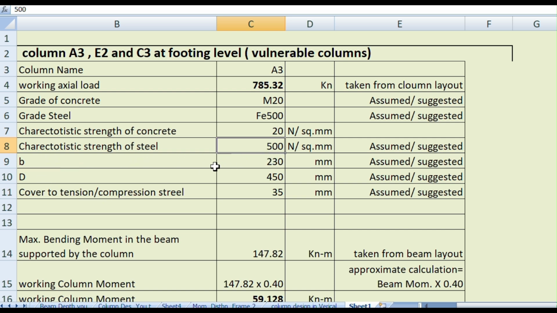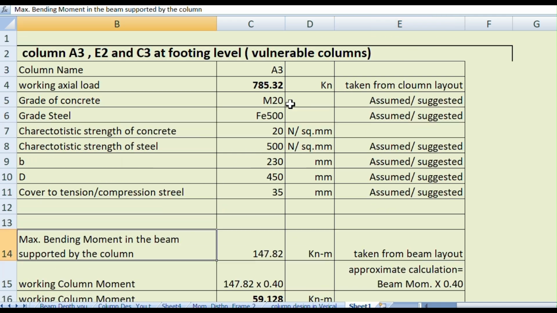The breadth of the column, we are going to assume as 230 mm. The depth, the other dimension of the column, we are assuming as 450 mm. The cover for reinforcement is generally provided as 40 mm sometimes. For non-coastal area, this can be taken as 35 mm. These are assumed things.